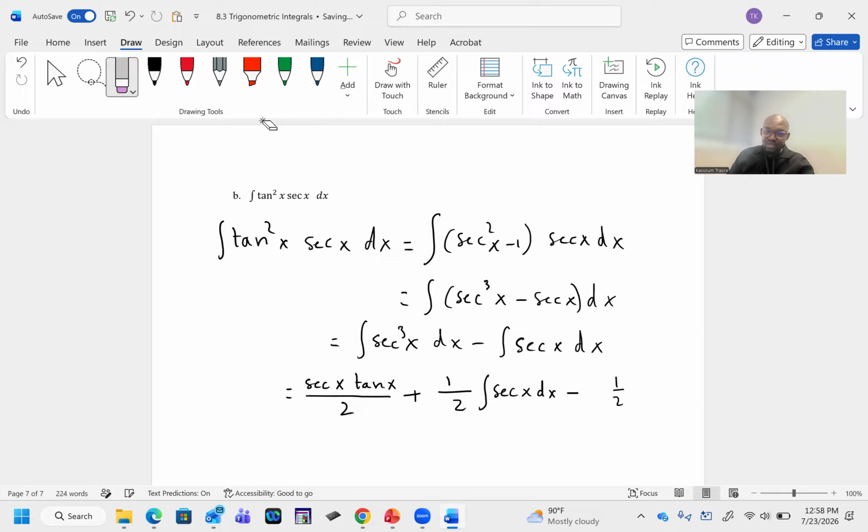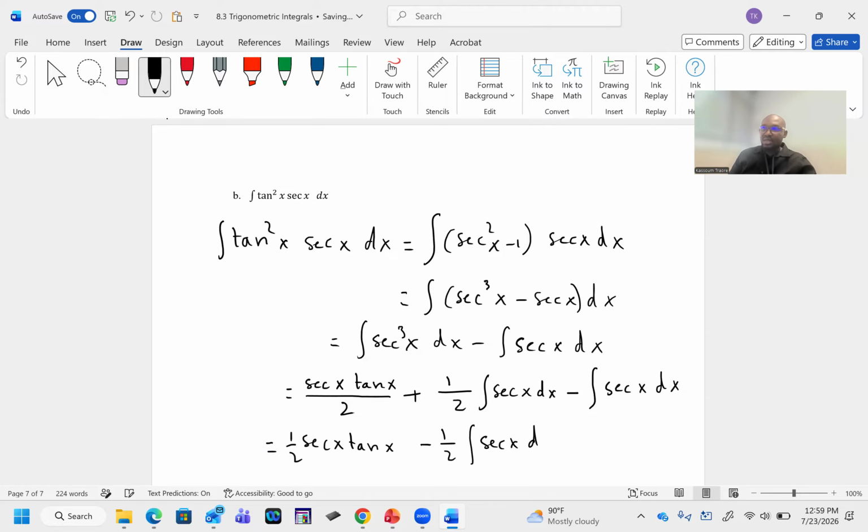So we can combine those two integrals. Instead of integrating both and combining like terms, we can just combine these two. That gives 1 half secant x tangent x, then minus 1 half the integral of secant x dx.